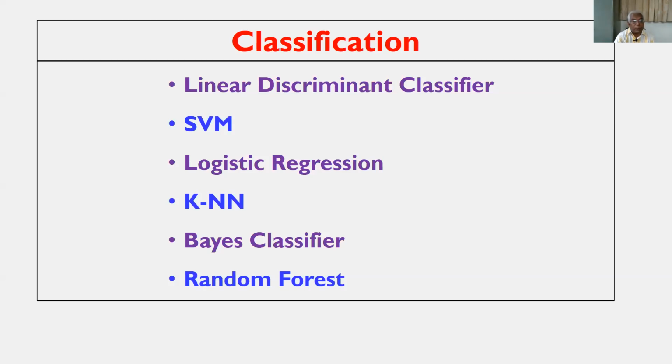There are of course many more, but these are the different approaches of classifying the objects. Every approach has its own speciality. Every approach has certain limitations also. So we have to understand each and every method of classification properly, right?